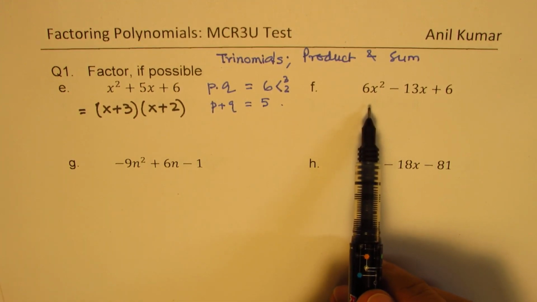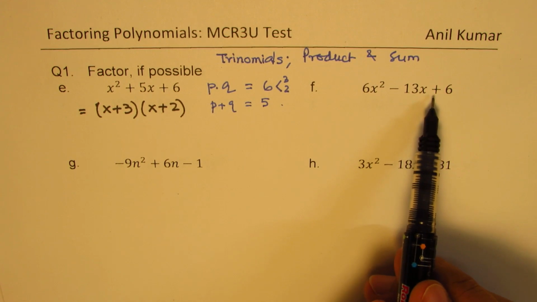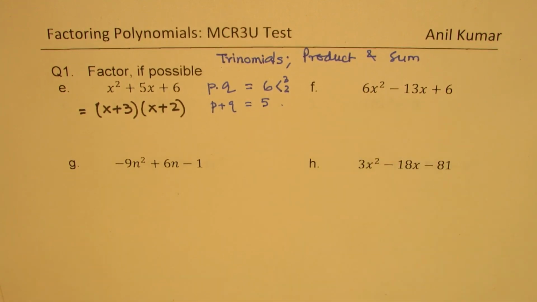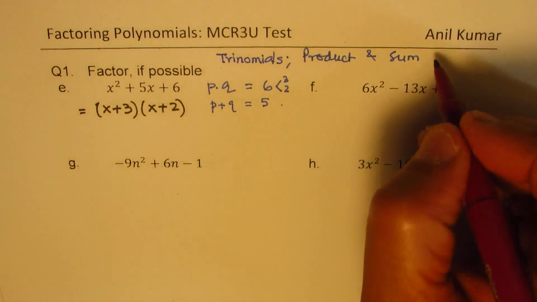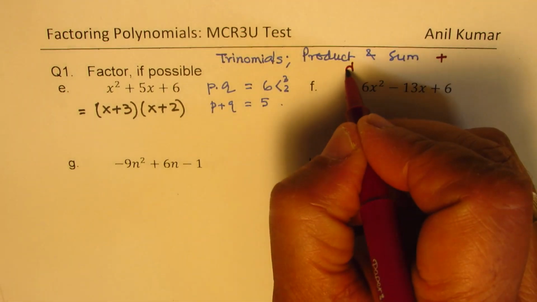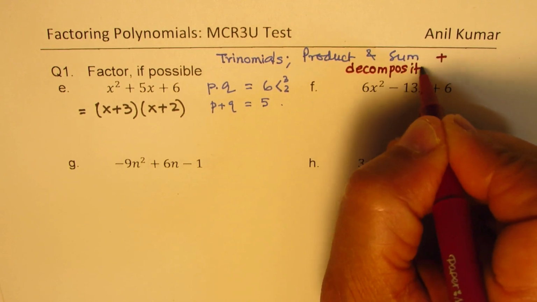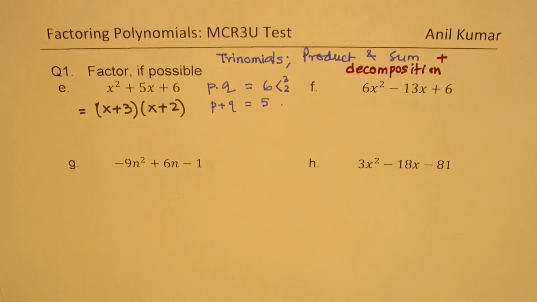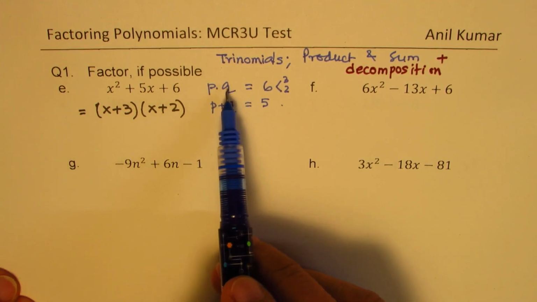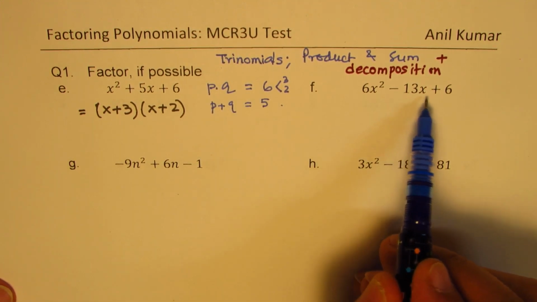Now the next one here is 6x squared minus 13x plus 6. This is also product and sum. However, in this we have one added step, and that step is we'll do product and sum plus decomposition. That is to say, once you find that combination of the magic numbers p and q, you need to decompose 13x.